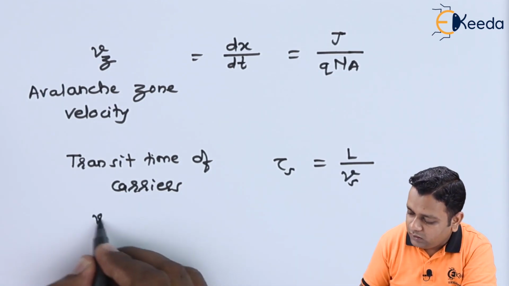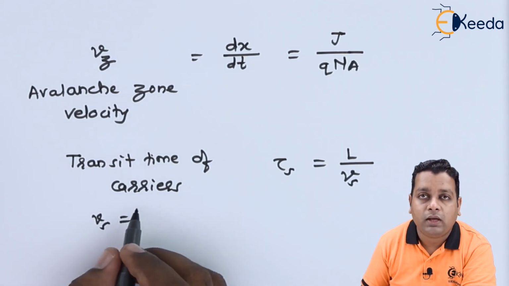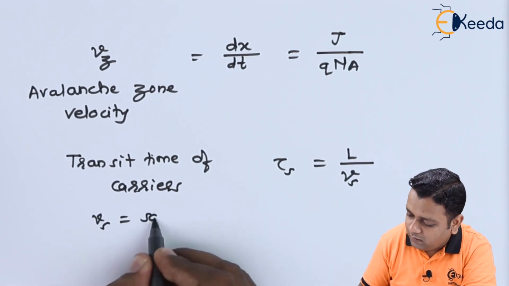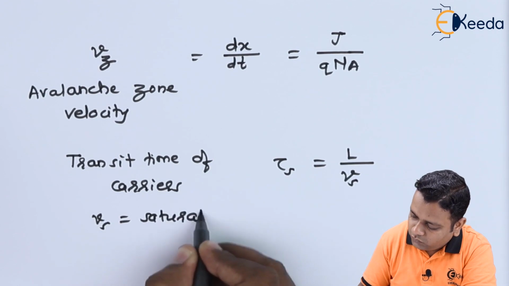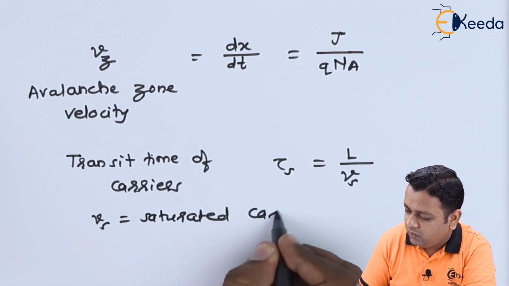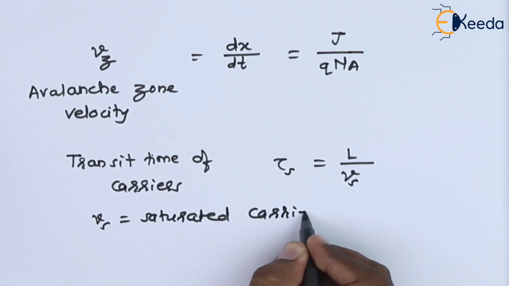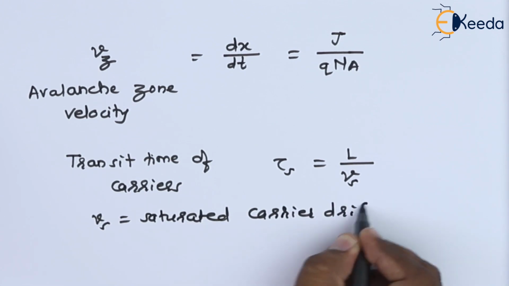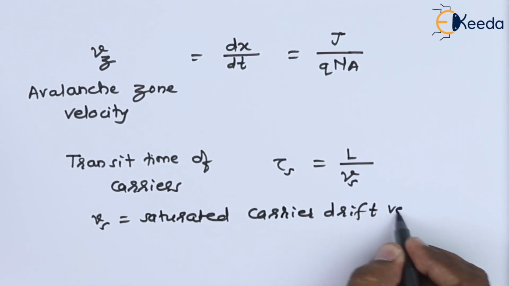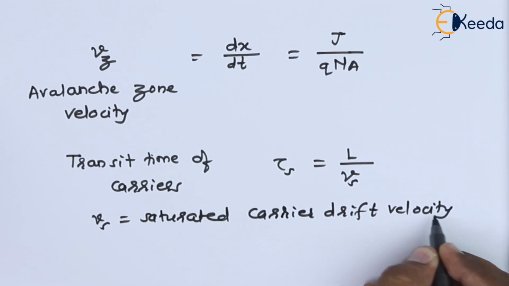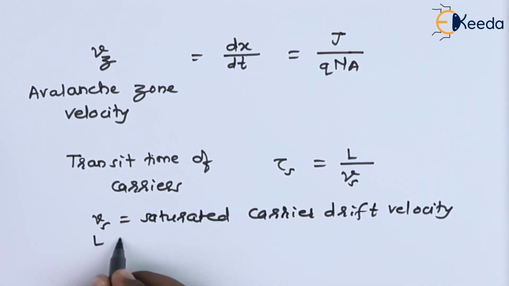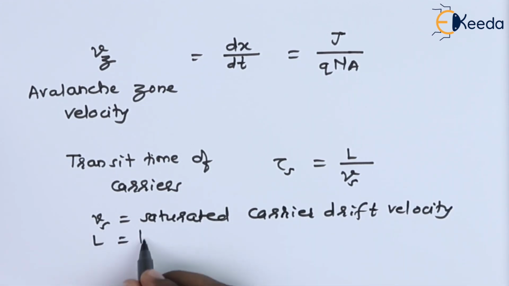So here v suffix s can be called the saturated carrier drift velocity, and capital L has the same meaning, that is, the drift length.